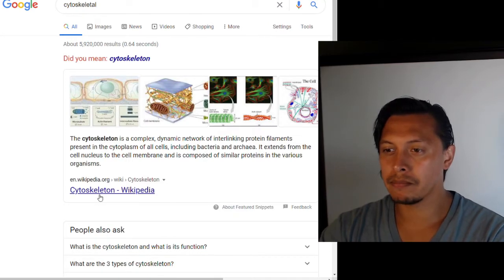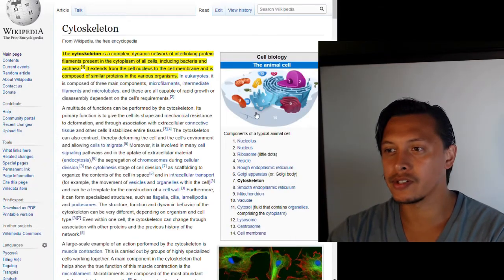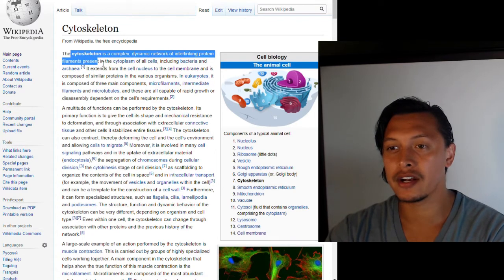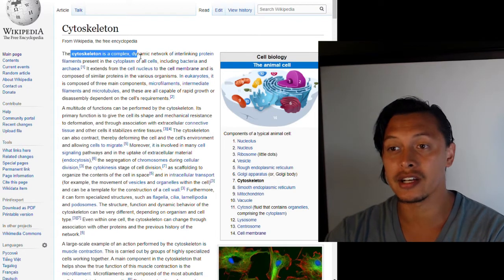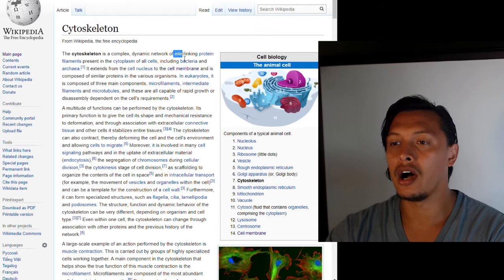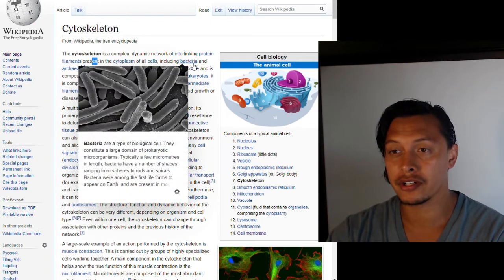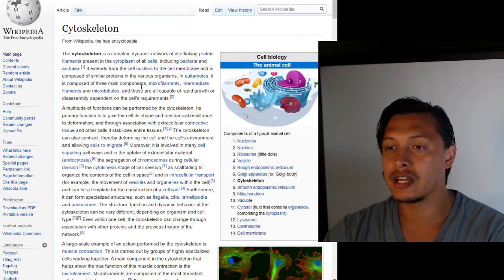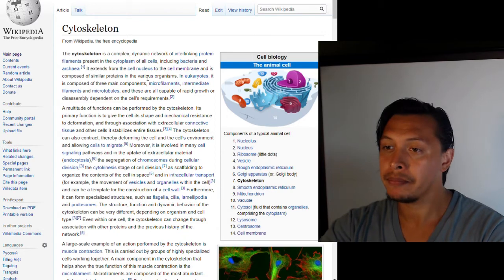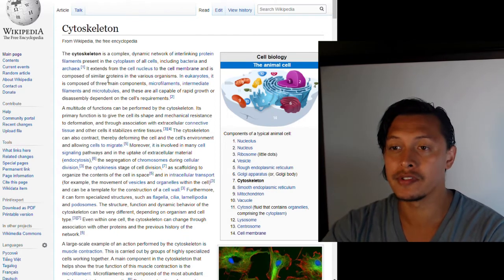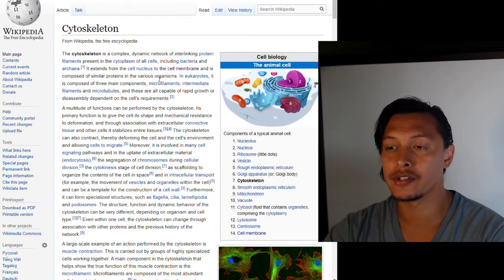Let's look up what this is so that we can have a better understanding of it. The cytoskeleton is a complex, dynamic network of interlinking protein filaments present in the cytoplasm of all cells, including bacteria and archaea. It extends from the cell nucleus to the cell membrane, and it is composed of similar proteins in various organisms.